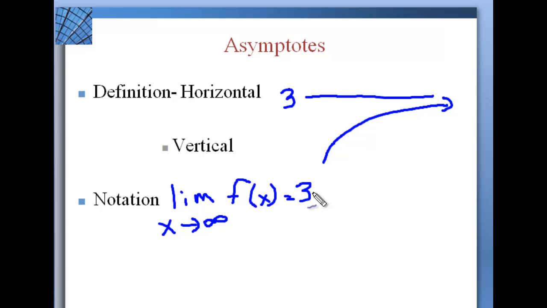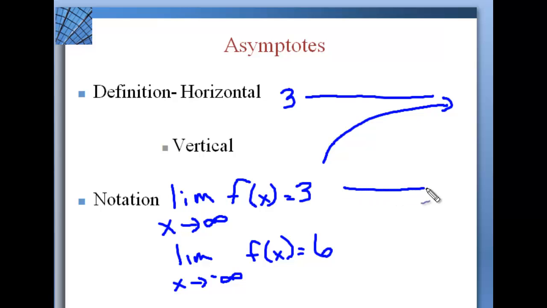If we're going toward negative infinity, we could have the limit as x approaches negative infinity of that particular function be 6. That would be if this line is 6 and we're coming up this way. That's for the horizontal asymptotes.